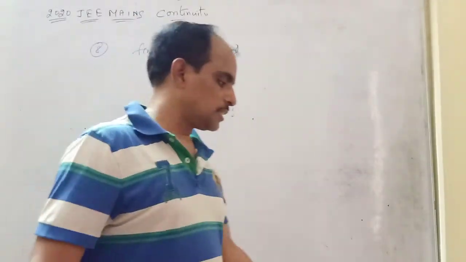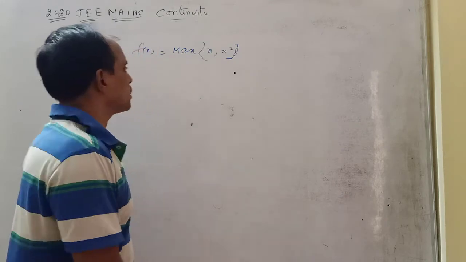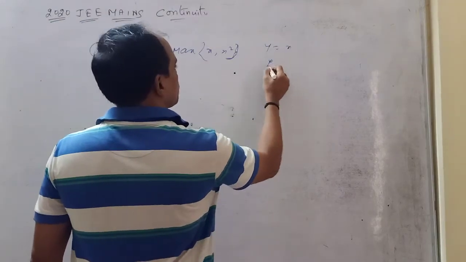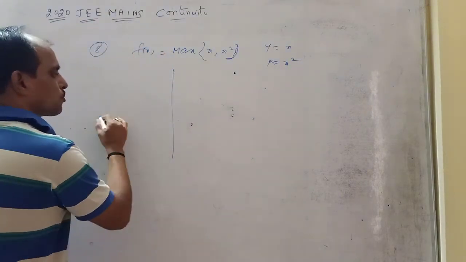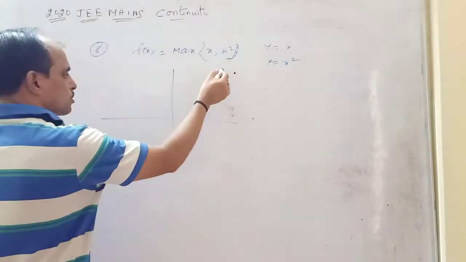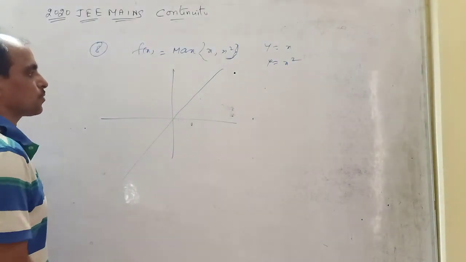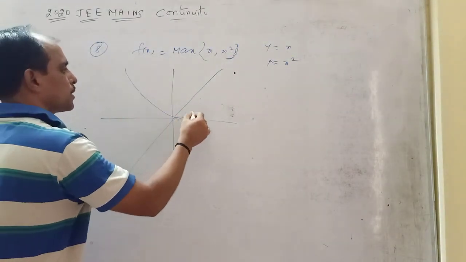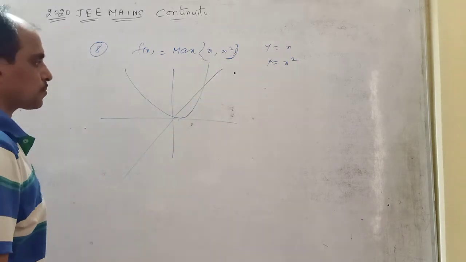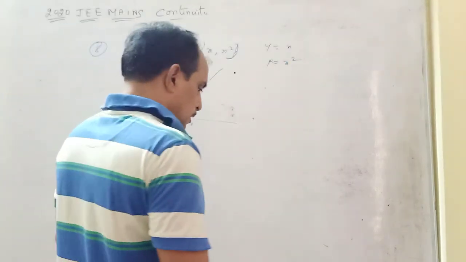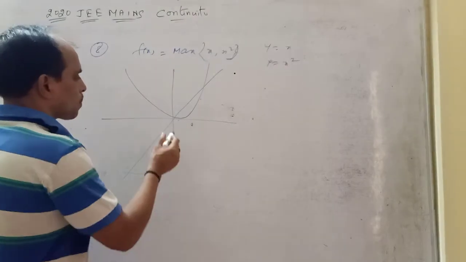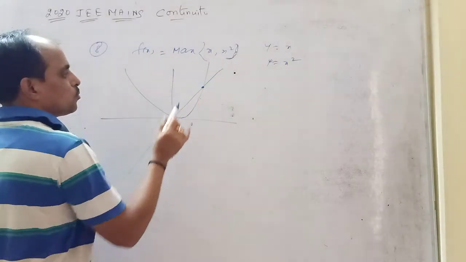To find where it is not differentiable, just use graphs. One is y is equal to x, the other is y is equal to x square. So y is equal to x is a straight line like this, and y is equal to x square is like this. And these are the 2 points of intersection.